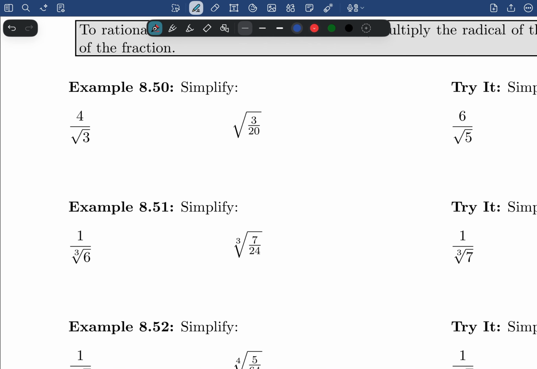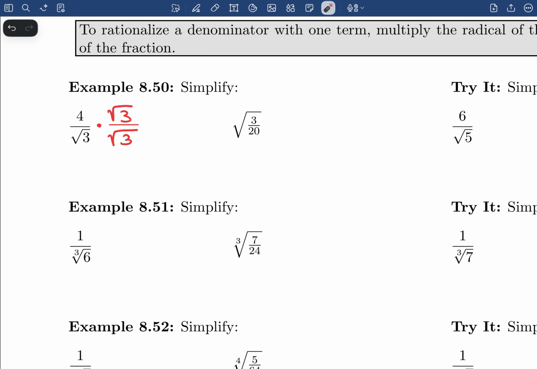What we do is take the radical of the denominator and multiply by that radical divided by itself. This is the trick. Because remember, when you take anything and divide it by itself, that's equal to 1.